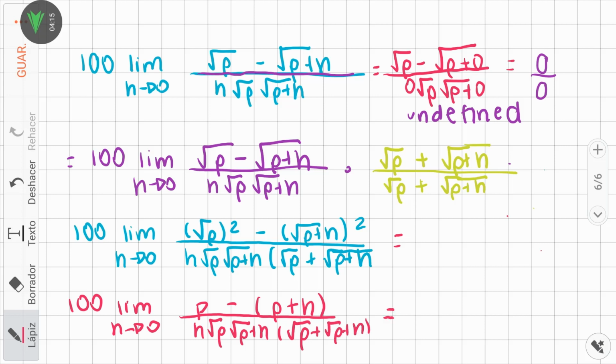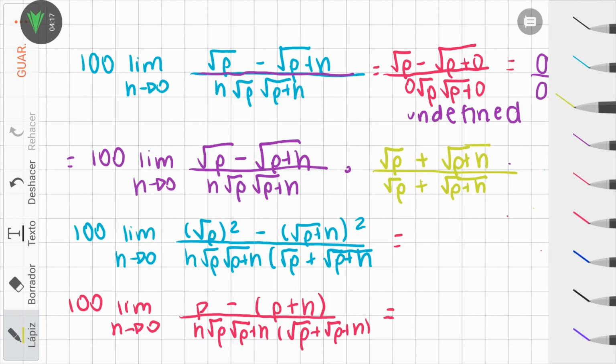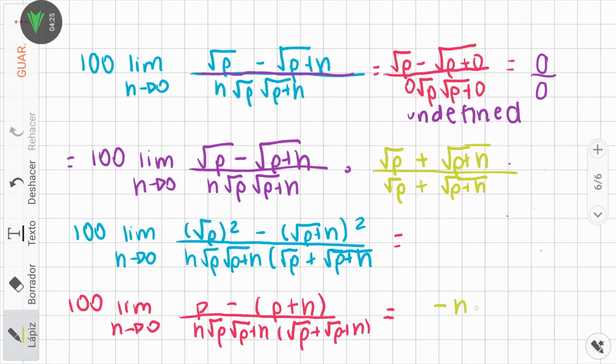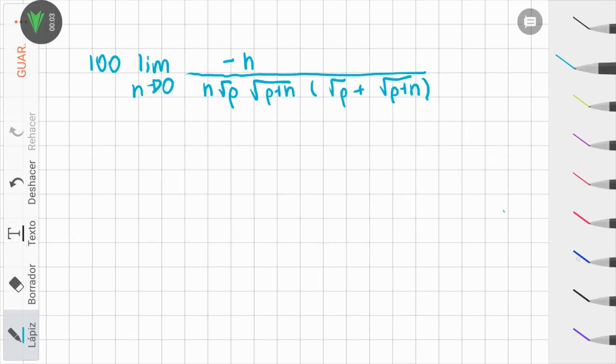And now notice something here. Here you have p minus p minus h because you're multiplying this negative by everything that's inside. So simply you'll be left with negative h over this same denominator, okay? And here you can finally cancel out this h with this h.